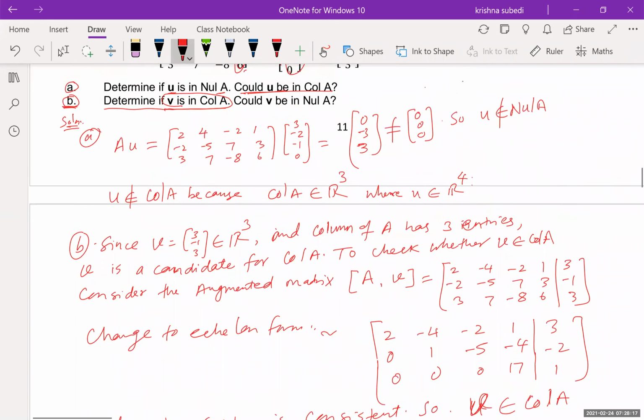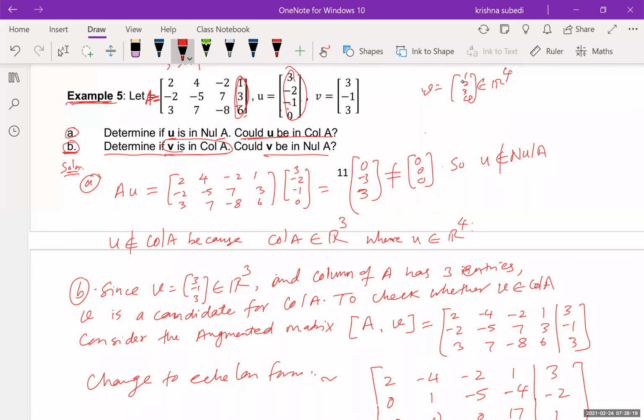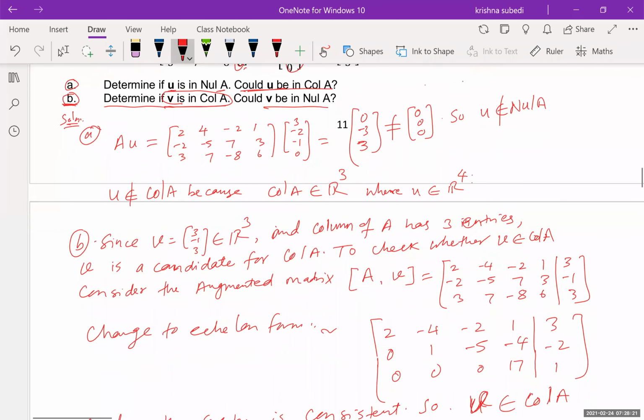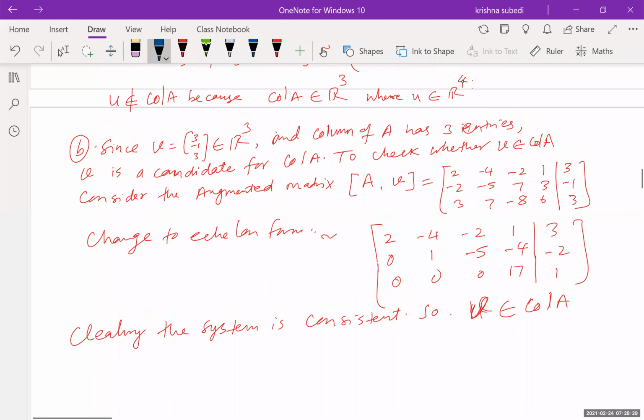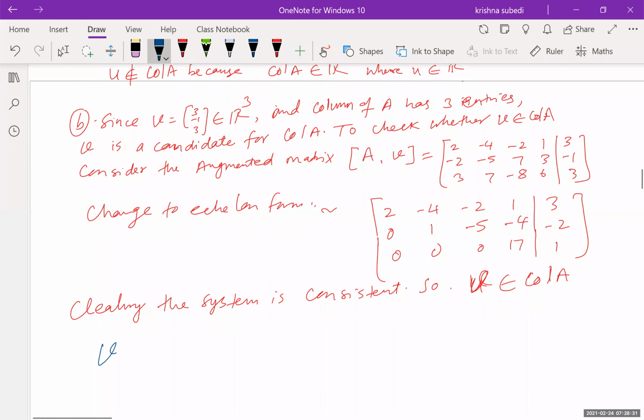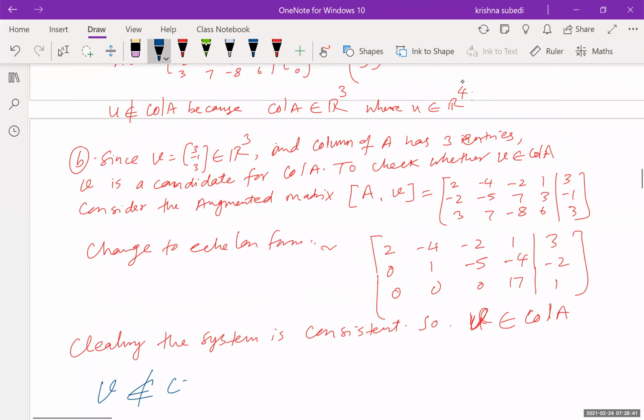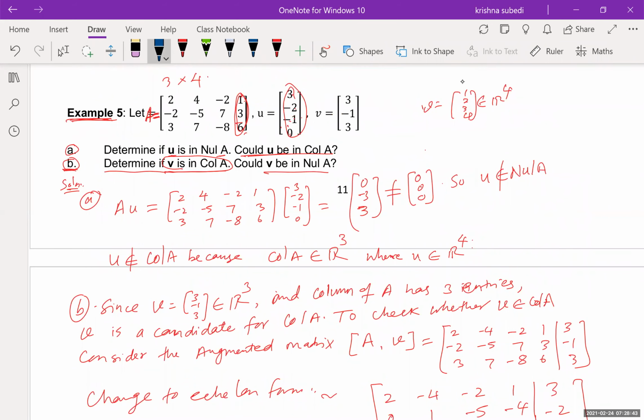Now, what is the second part? Could V be in the null space of A?